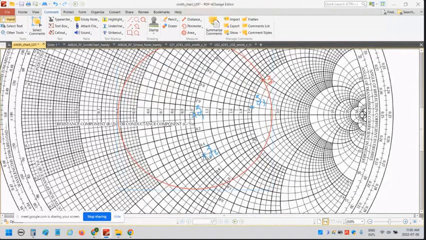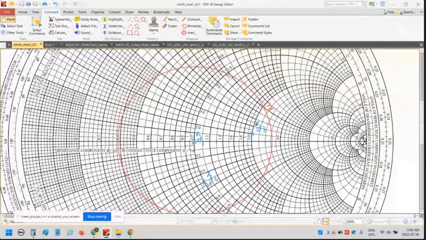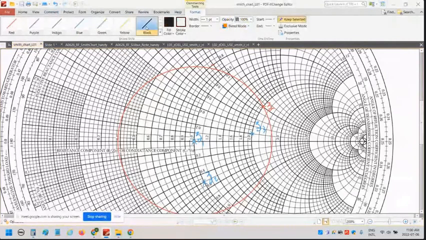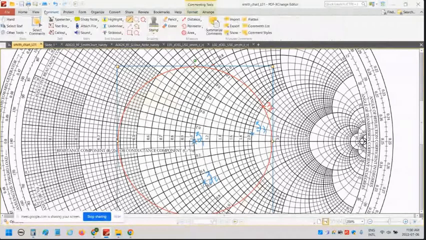I got this circle, and then take out your ruler. First point is here, second point is here, the center, and you draw a line here.